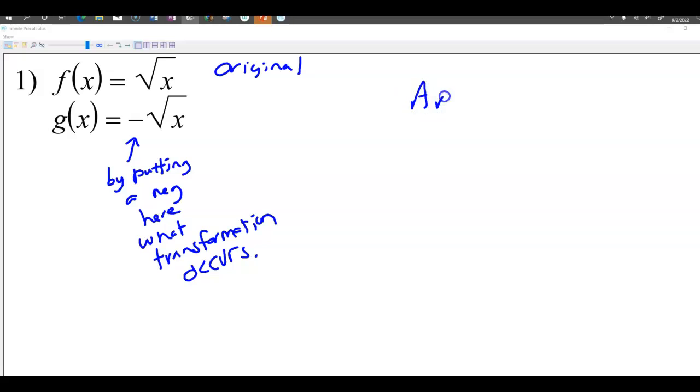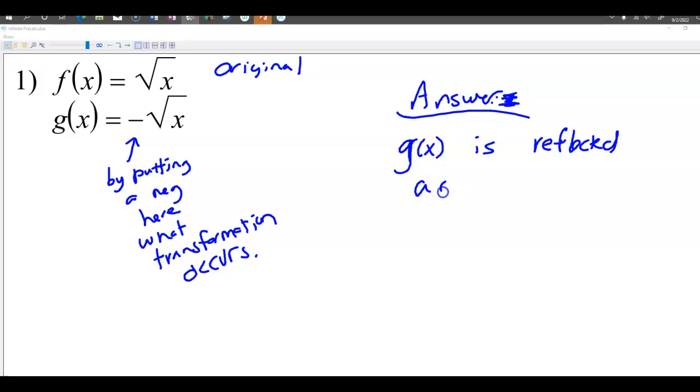So here's our answer. The answer is G is reflected across the x-axis.